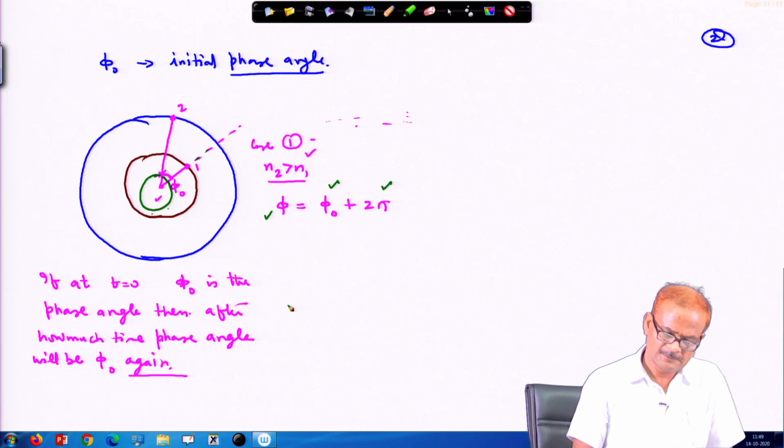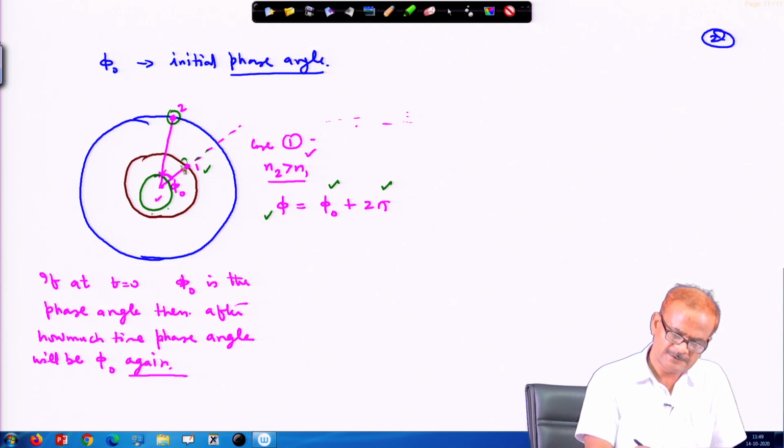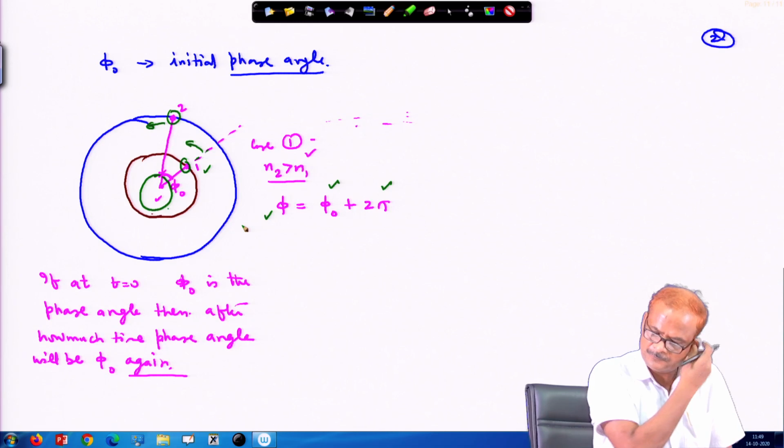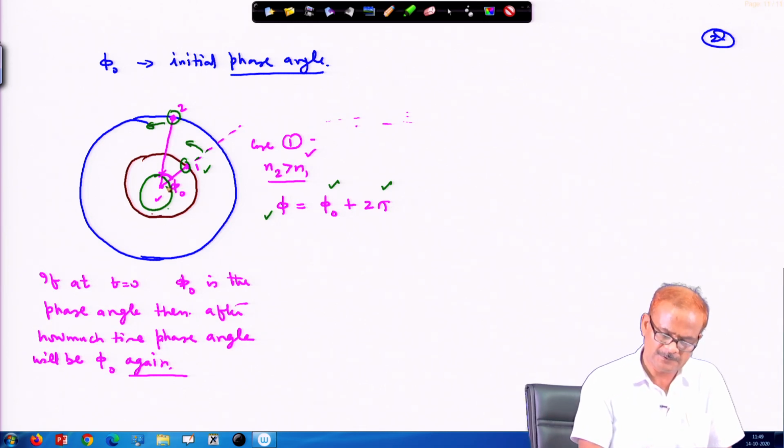Okay. 1 is also moving, 2 is also moving in this direction, but 2 is moving faster, of course, which is not the case. Once 2 is inside only that will happen, but let us suppose that it is written like this.